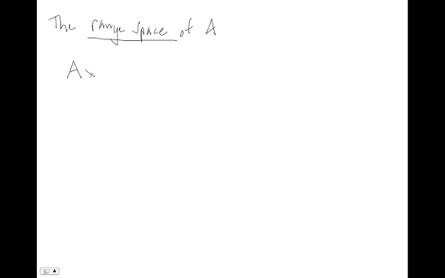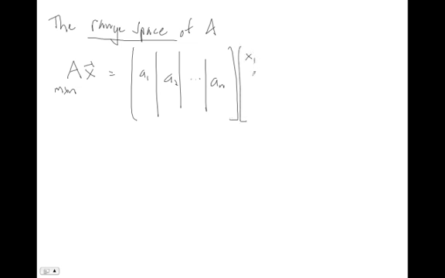When we talk about A times x, remember, I can write A as its columns: column 1, column 2, and we said A was an m by n thing, so it has n columns, all the way to an, times this set of scalars, x1 through xn.